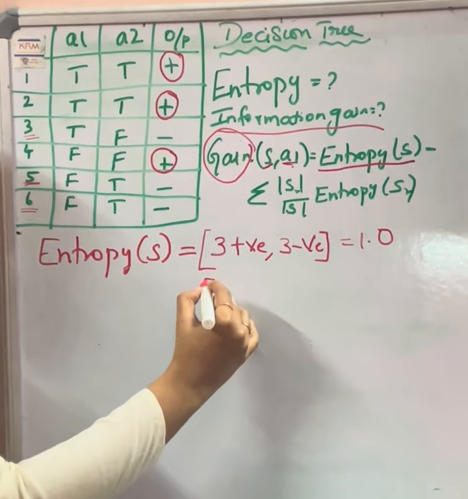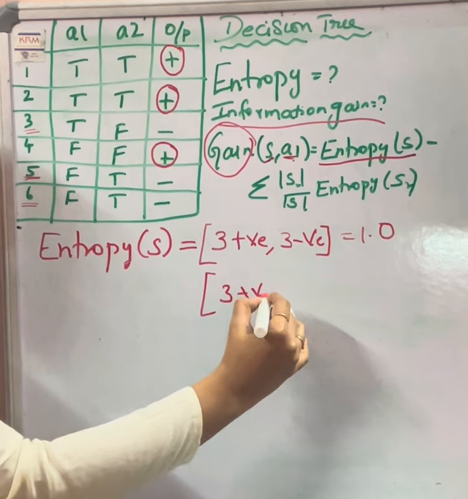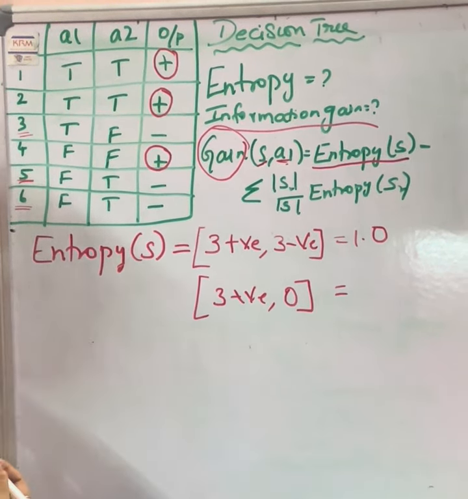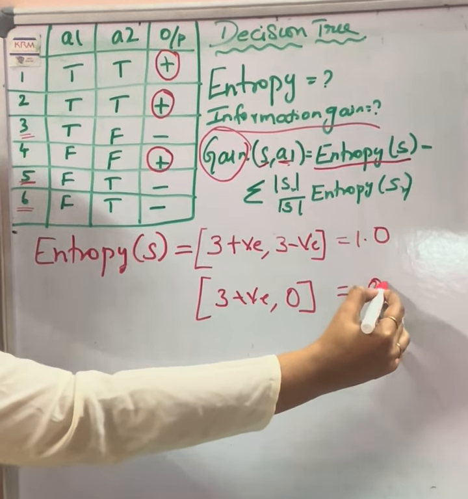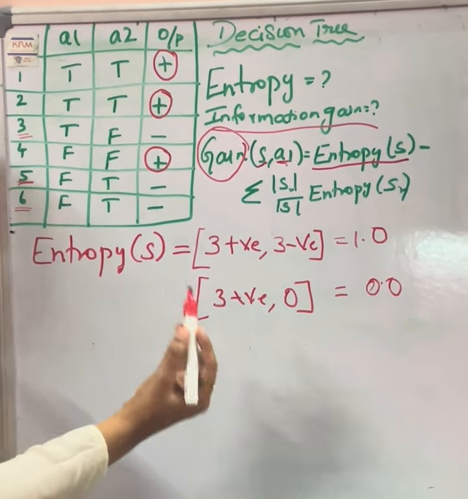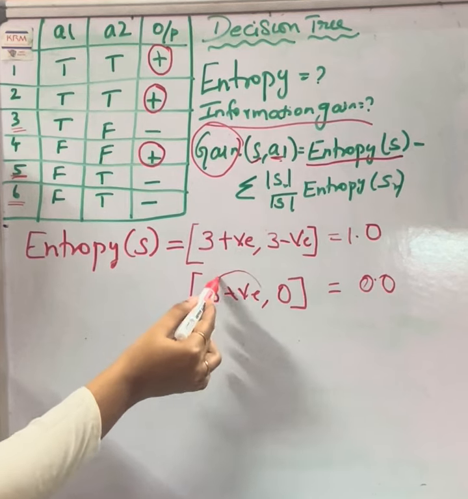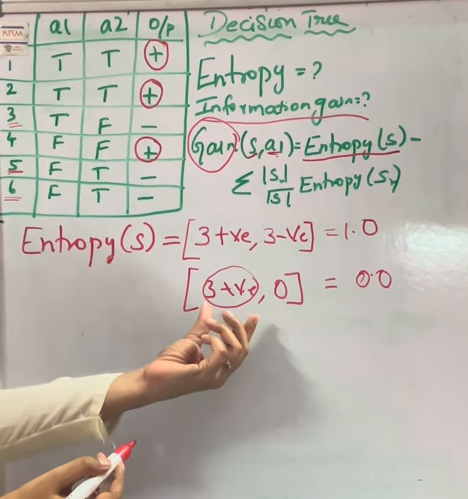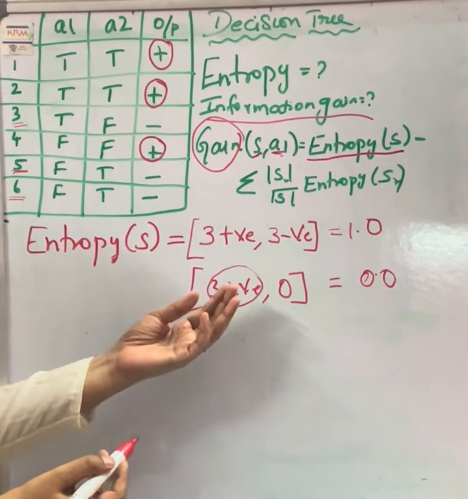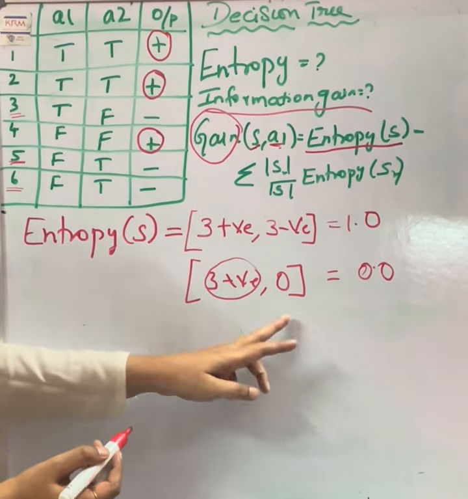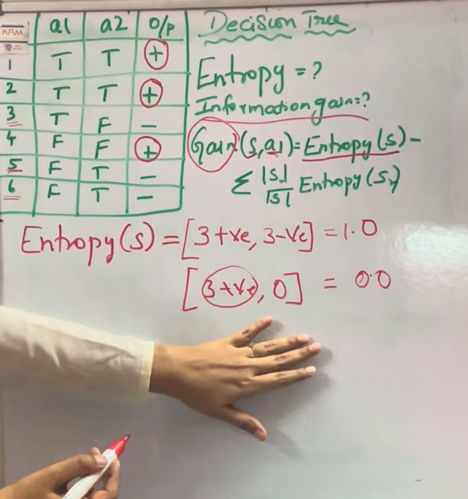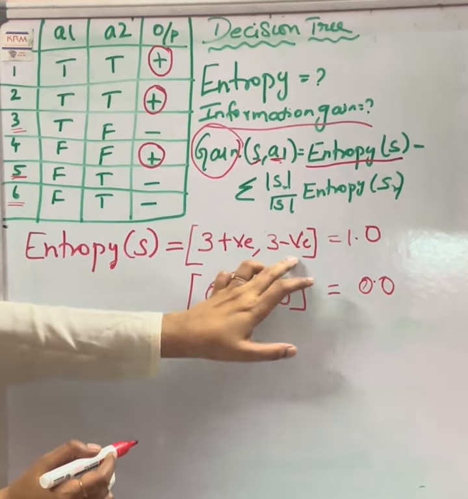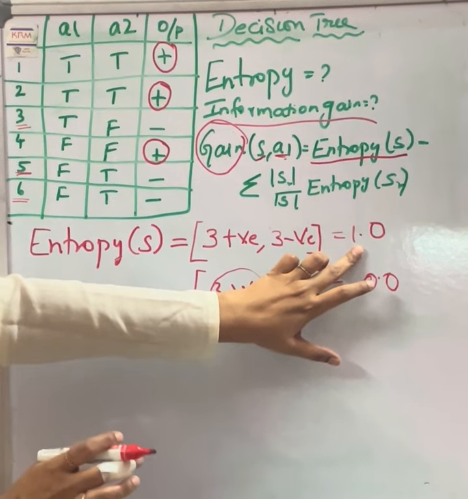And if you have 3 positive and 0 negative, in this case you can directly write 0.0, because whenever there is only one outcome contribution, whether positive or negative, you can directly write 0.0 without calculating.